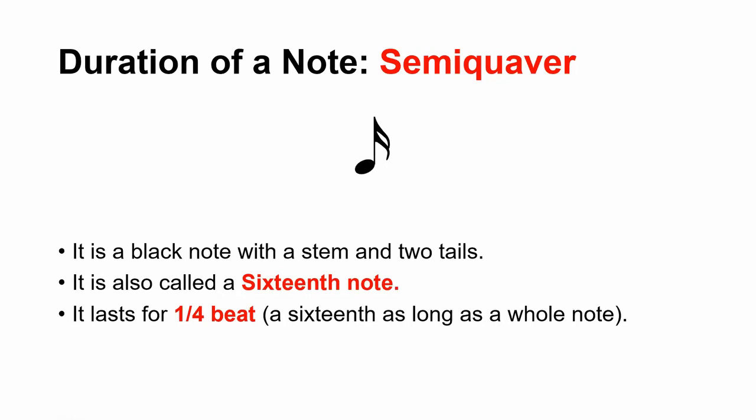So if a whole note is 4 beats, always it's 4 beats, then the 16th note is going to be 4 beats divided by 16, which gives you 1/4 beats.